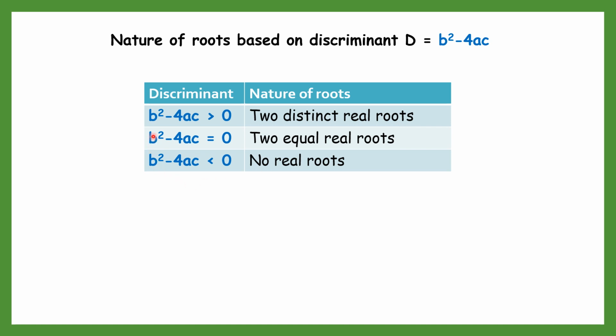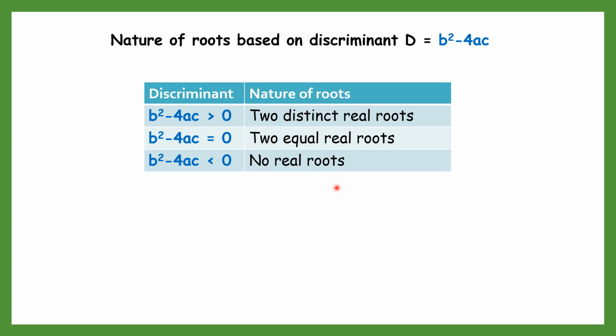If b square minus 4ac is equal to 0, you will get two equal real roots. That means you will get two real roots, and those two real roots will be equal. And when b square minus 4ac is less than 0, you will not get any real roots. You will get imaginary roots, that means roots which are not real.